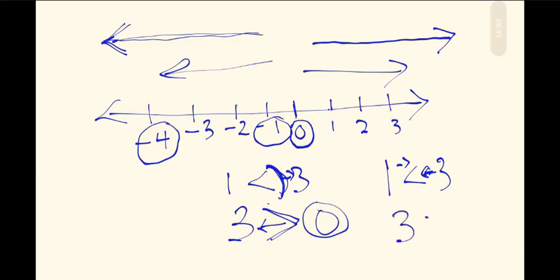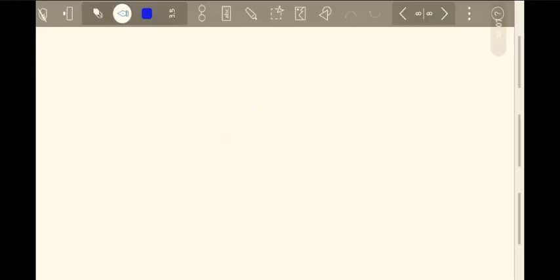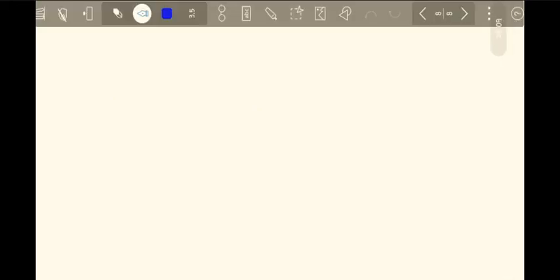And so we can rewrite this as 3 greater than 1. So this is the same as this, because the bigger side of the sign is facing 3 and the smaller side of the sign is facing 1. Do we see that? Yes, we do.